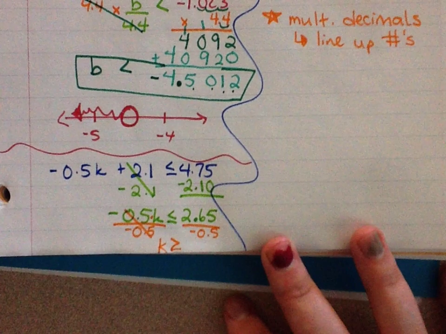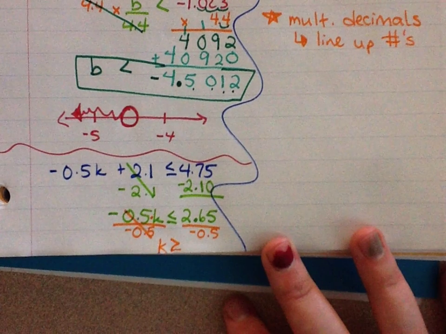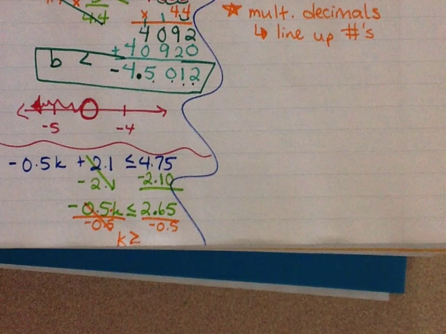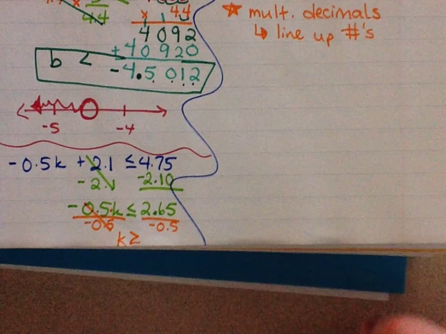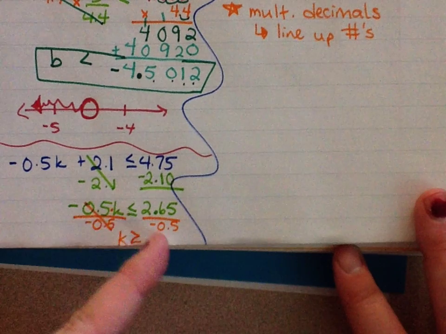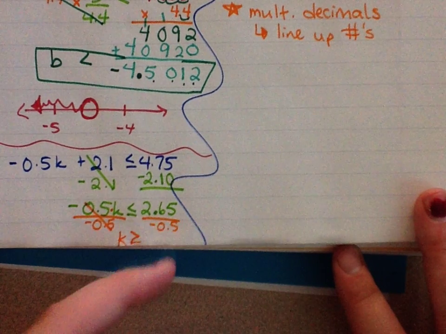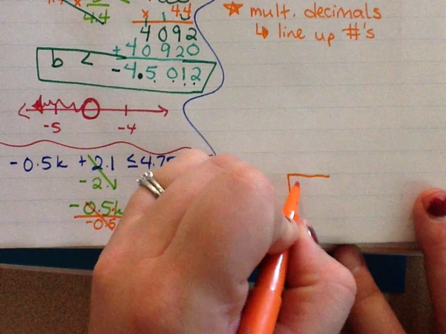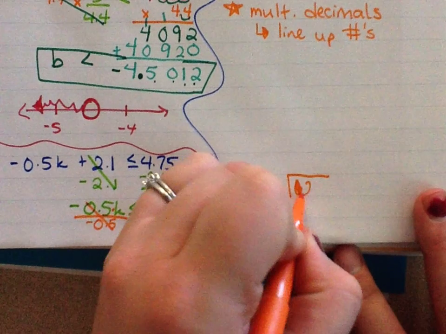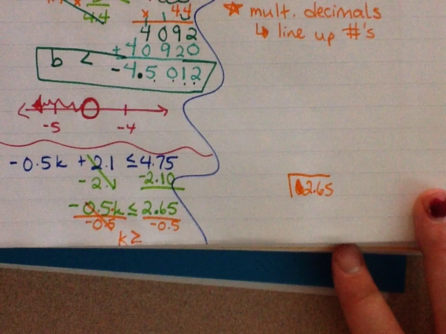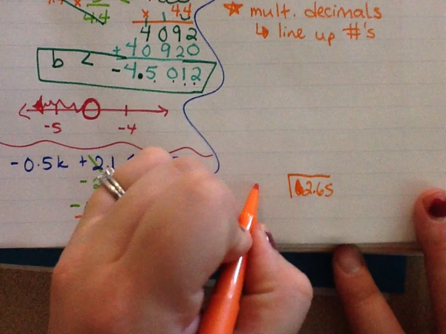Now, can I do this in my head? Nope. Which number, 2.65 or 0.5, is going to go on the inside of my box? 2.65. The top number goes inside. What number goes outside? Negative 0.5.